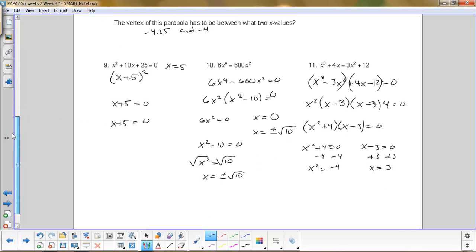What comes next is imaginary. Oh, it's very real, but we have imaginary solutions. Square root both sides, and you get x equals the square root of negative 4. Now remember, the square root of negative 4 is a non-real solution, so we must involve the letter i. So that is going to be plus or minus 2i. And here, x equals 3. Those are your solutions for this problem.